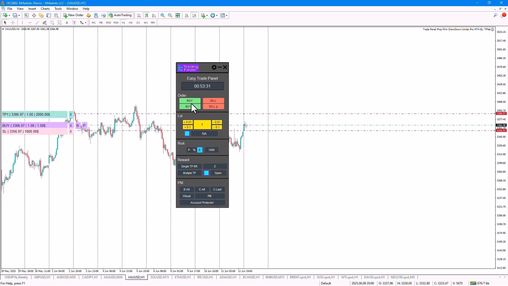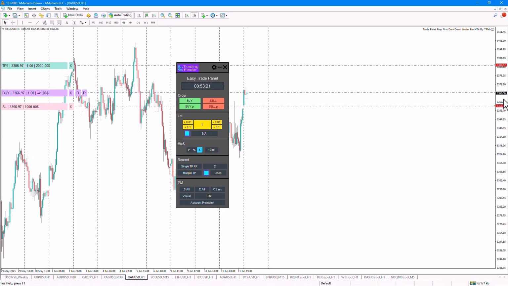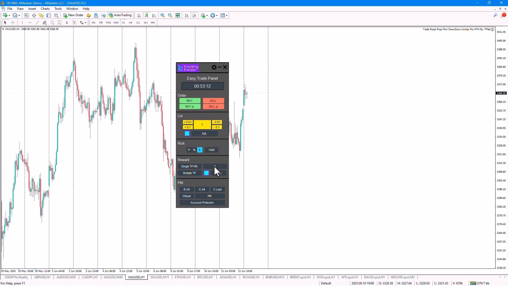Here, by executing a buy trade, my risk is set to $1,000 and my reward is set to $2,000. By clicking on this section, I can change my reward amount.